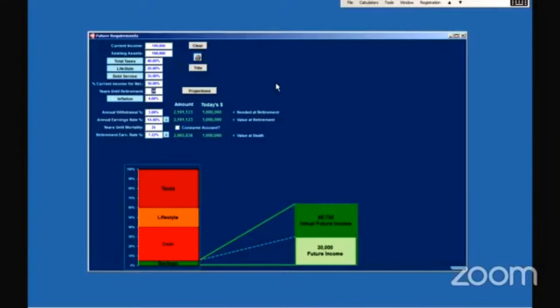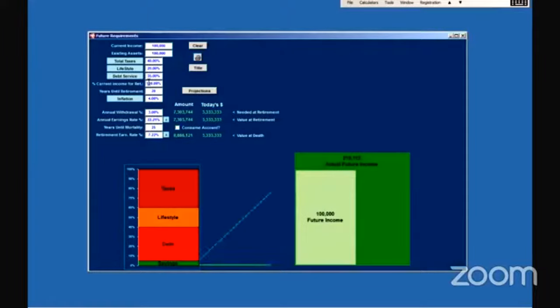Now, I deal with clients that make hundreds of thousands of dollars a year in income. Some make over $1 million a year in income. So they know how to make money, but many of them don't know how money works. And when we start using these calculations, we start to use retirement straddle techniques that we specialize in at our firm in order to make certain that this situation doesn't happen on behalf of our clients, that our clients have the ability to maintain their standard of living at 100%, that they're able to guarantee their income in retirement.